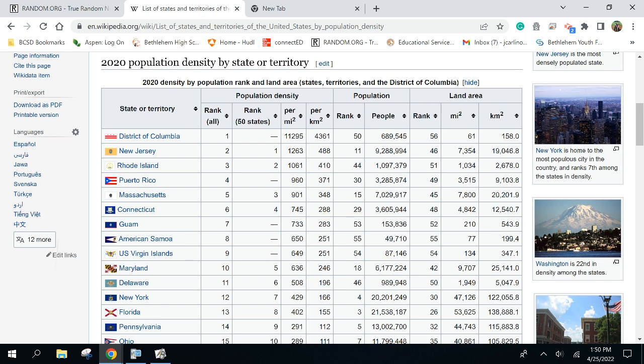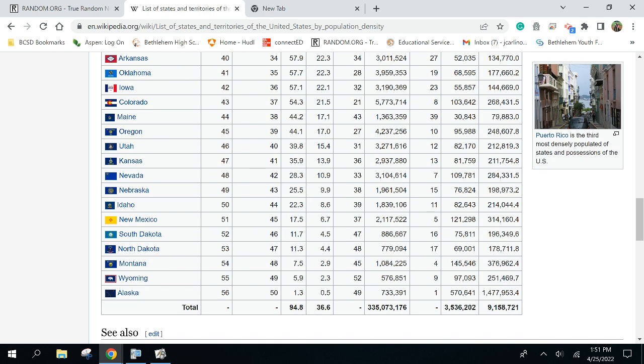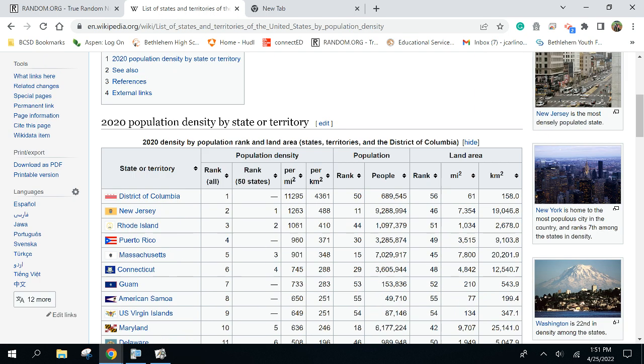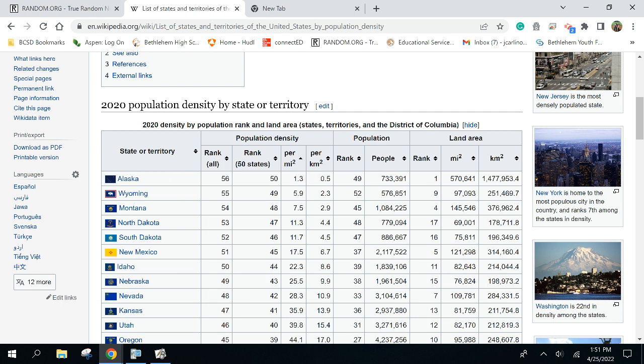And then you go all the way to Alaska, 1.3. And I'm sure that doesn't mean actual people. It's got to be in thousands or wherever, I'm sure. But there you go, 1.3.